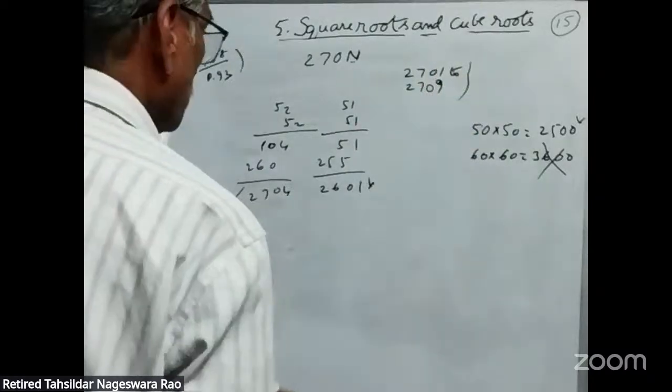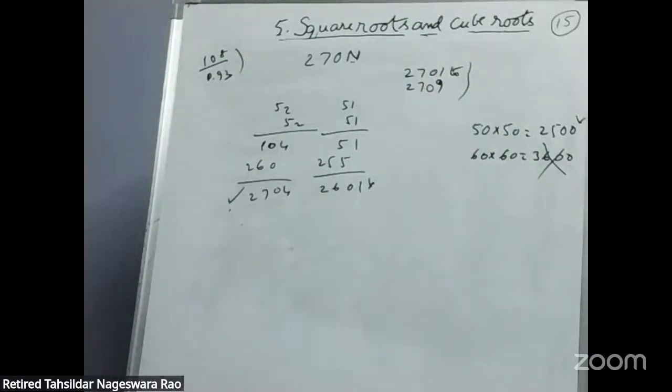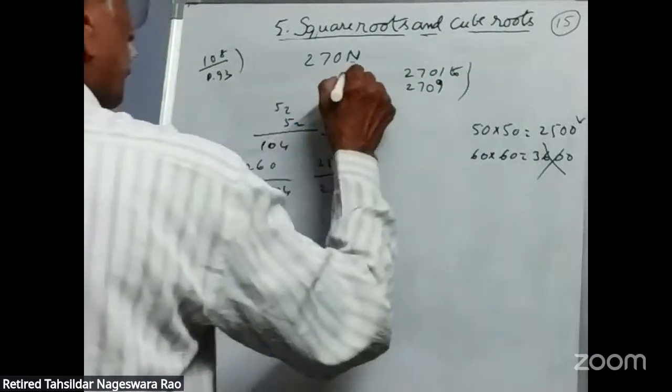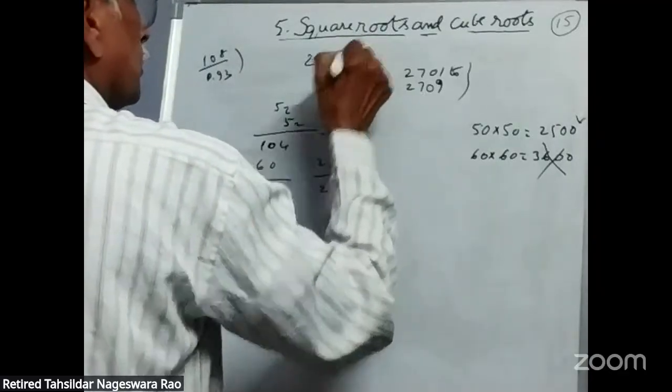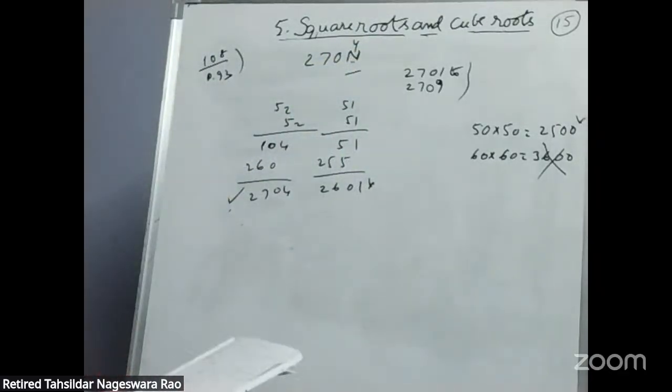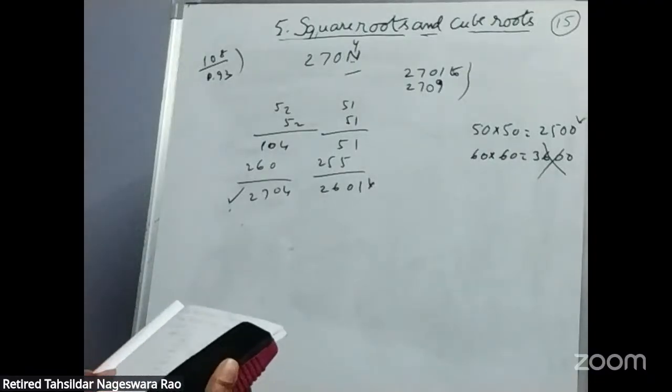So if n is 4, it becomes a perfect square. That is enough, you don't have to work out further.